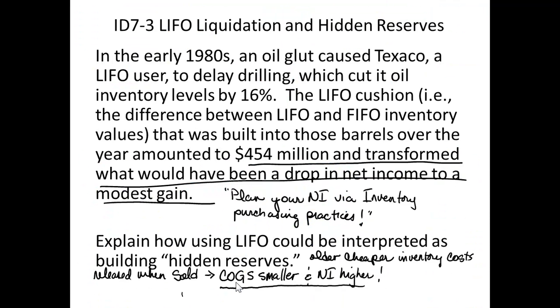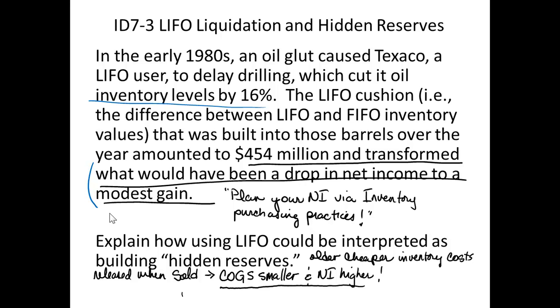Here's another example. This is Texaco. They were a LIFO user and they dipped into their LIFO layers by 16%. And notice that that year they were able to transform what would have been a drop in net income into a modest gain.